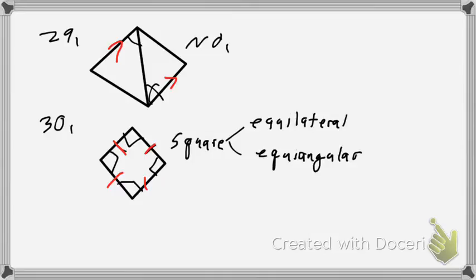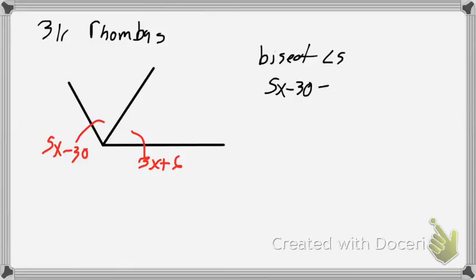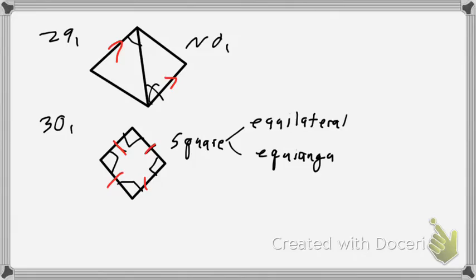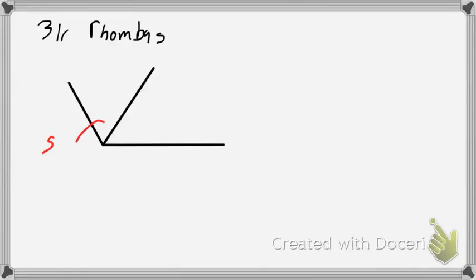Okay? Now, on to 31 and 32. For what value of x is the figure a parallelogram, or the given parallelogram? So for the first one, I'm not going to draw the whole figure, but we're being asked to find when 31 is a rhombus. Now, we go back and we remember rhombuses, oh right, the diagonals bisect opposite angles.